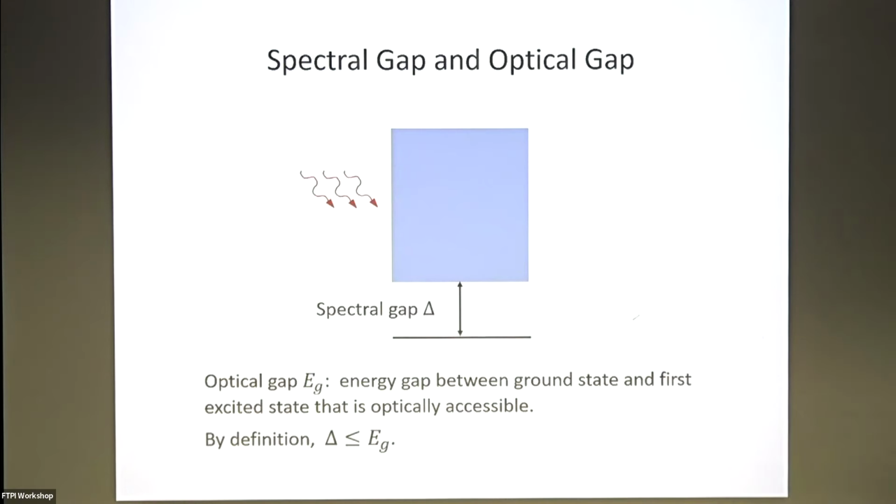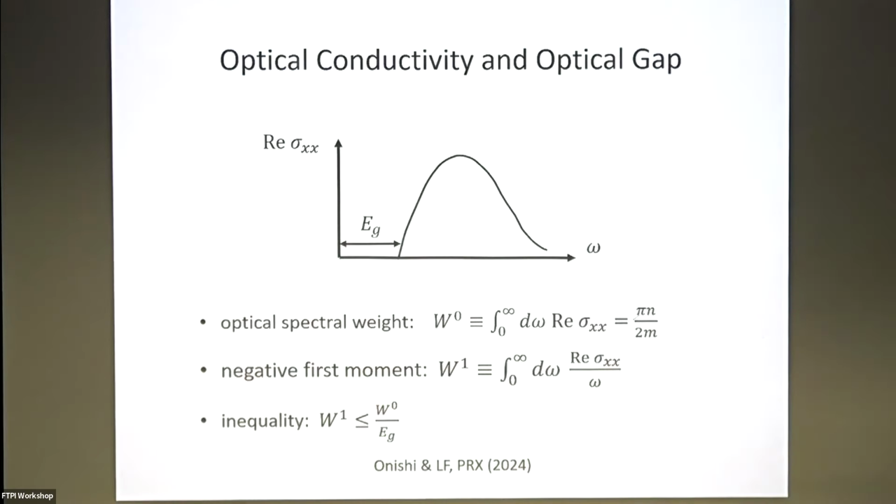So that's the approach we're going to take. And the basic idea is the following. If you look at the optical conductivity as a function of frequency for insulating states, the real part of sigma xx has to be non-negative. It's 0 until frequency above a gap, which is by definition the optical gap. And it can have all kinds of behavior.